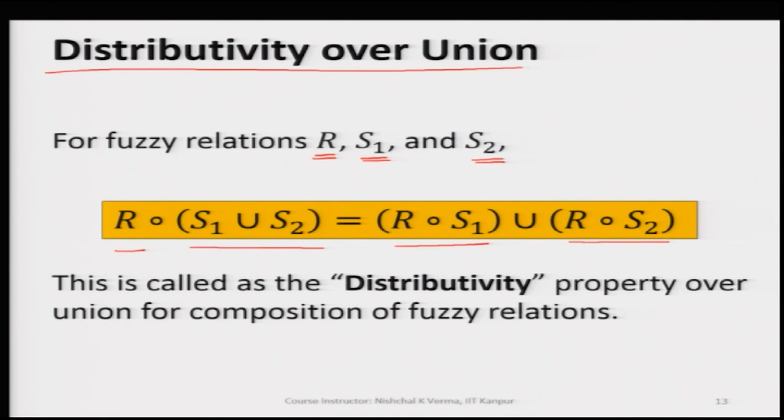Since these two are equal, we can say the distributivity property over union for composition of fuzzy relations holds good.